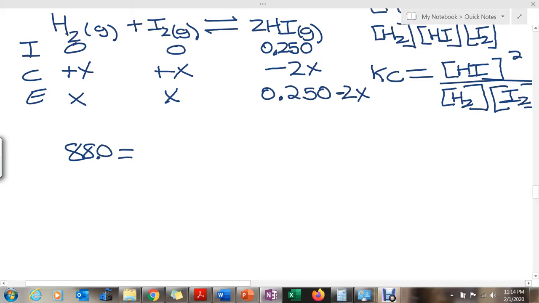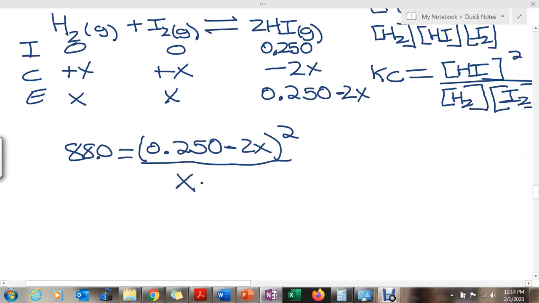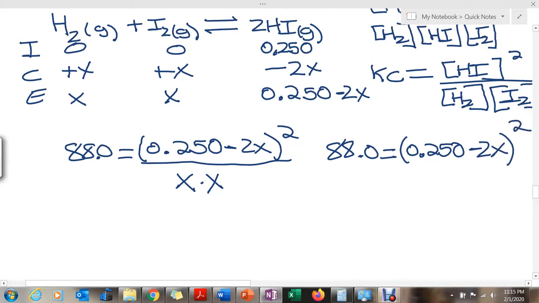So the HI would be 0.250 minus 2x, squared. And on the bottom, you got x multiplied by x, which is x squared. So 88.0 equals (0.250 minus 2x) squared divided by x squared.